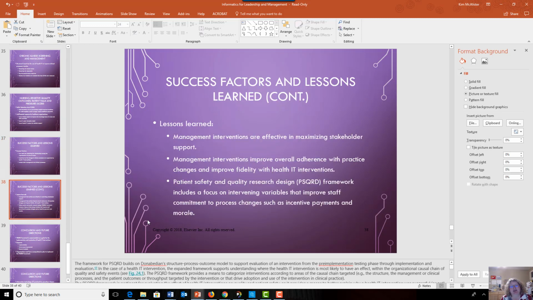So we also know that we need to work with our stakeholders to get support, and that these interventions will help provide adherence with all of the things that we need for reaccreditation and all of our standards and criteria for patient and safety care.